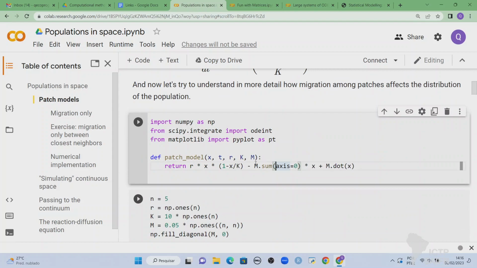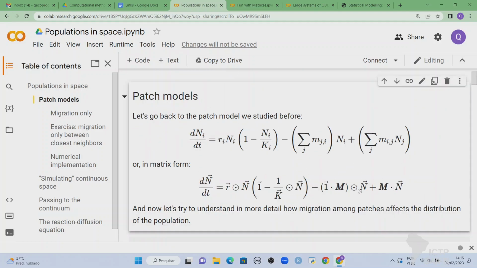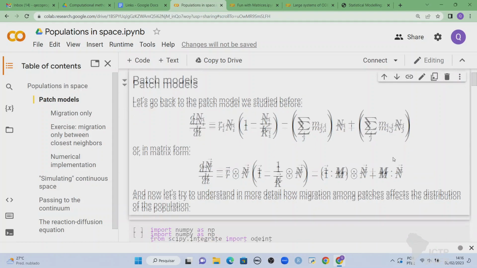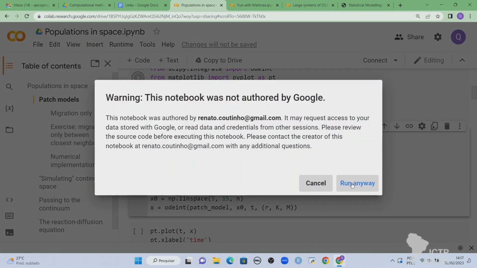This will be an array with one value for each column, and I multiply it element by element by the array x. Finally, the last term is just the matrix product of M by x in the notation here. Are there any questions?